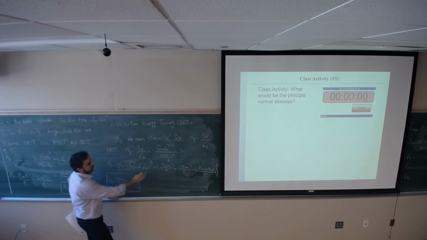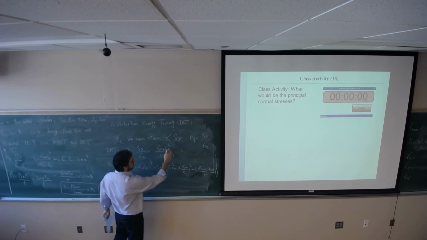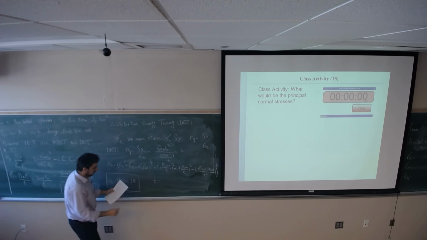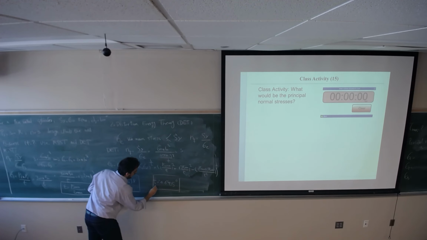So then solve for t. 3 times this equals this, and the thickness would be 0.6495 inch. That is the thickness for the distortion energy theory.